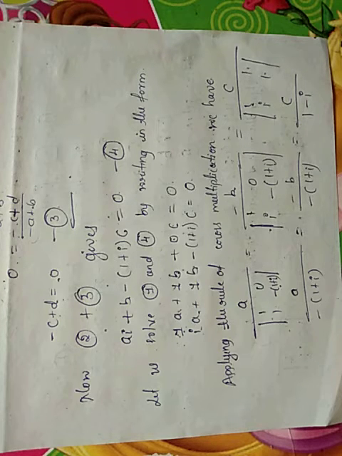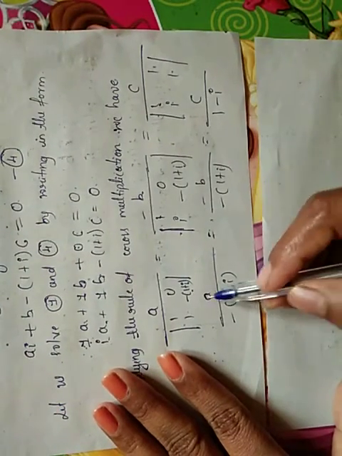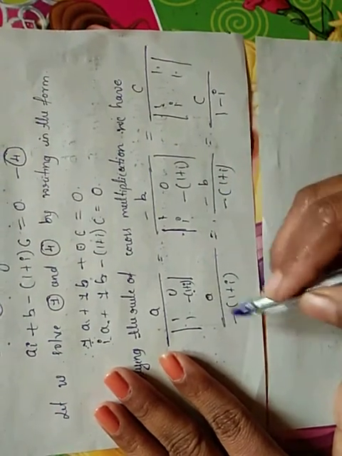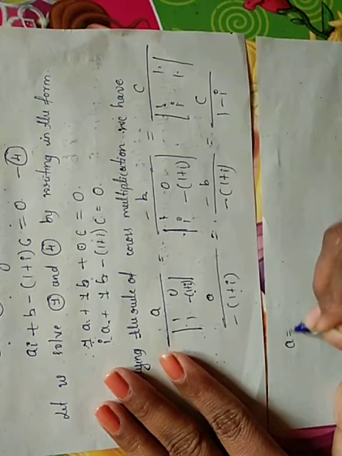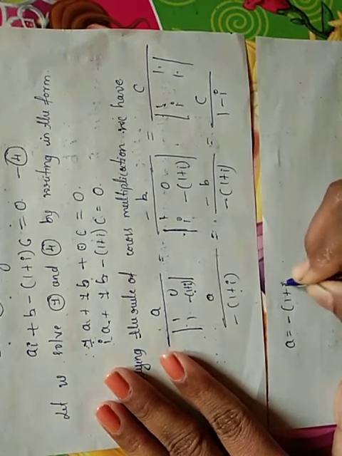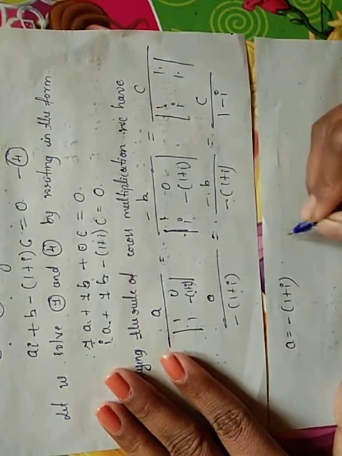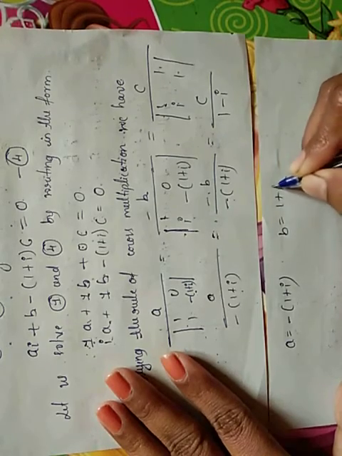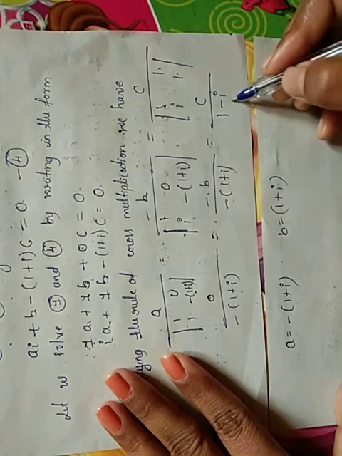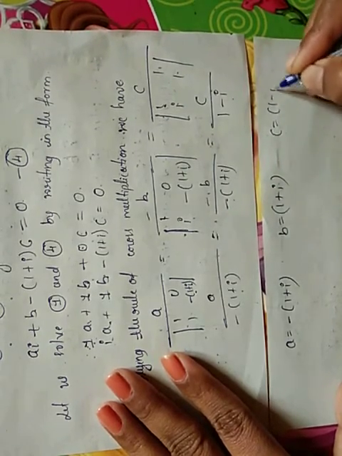So our values of a, b, c will be: here minus minus gets cancelled. So a equal to minus of 1 plus i, b equal to 1 plus i, c equal to 1 minus i.